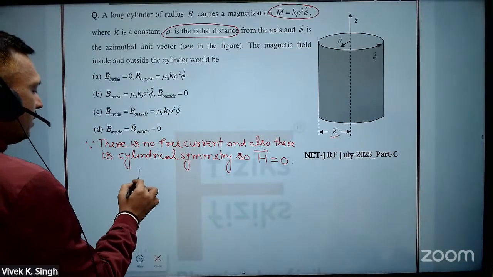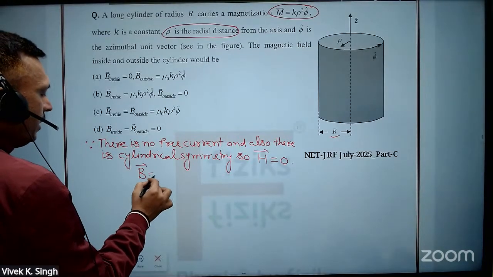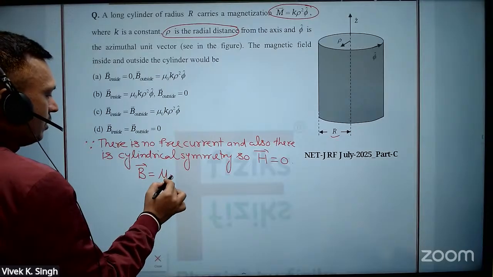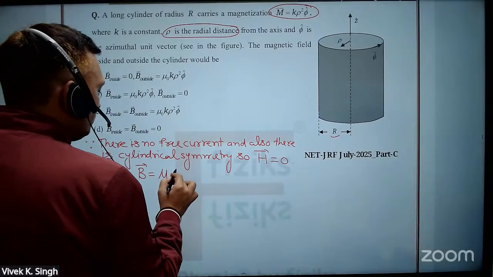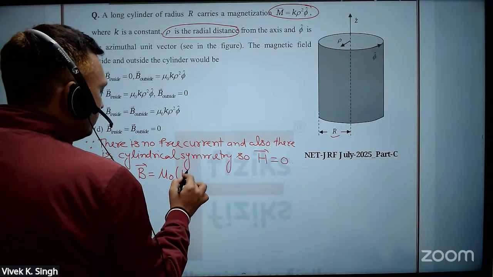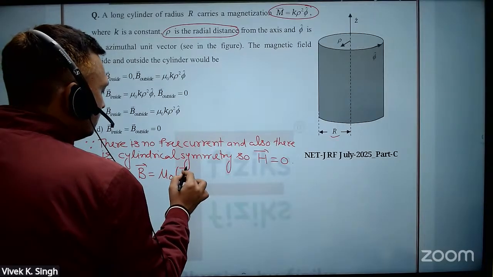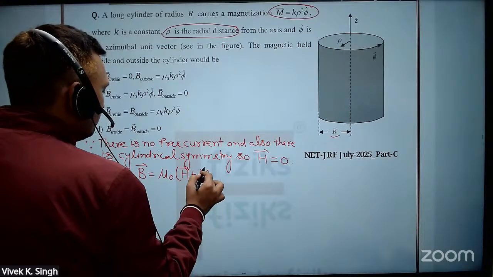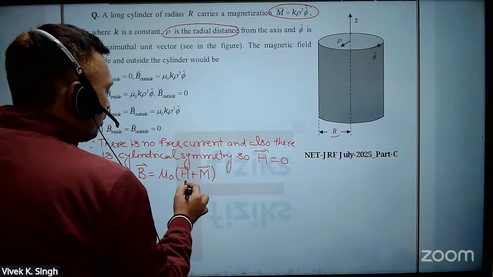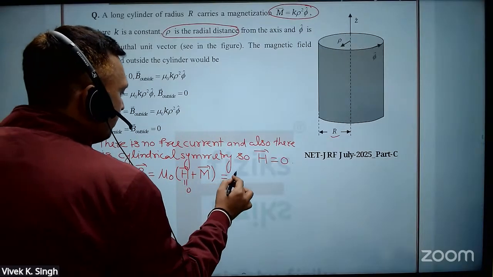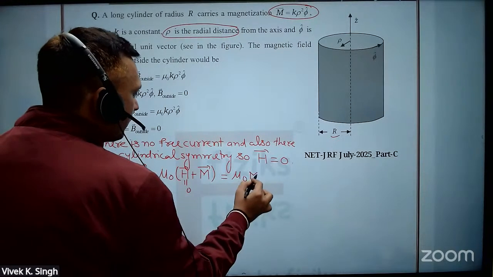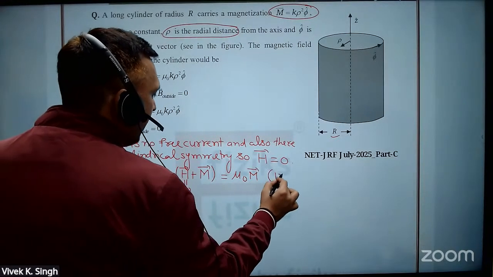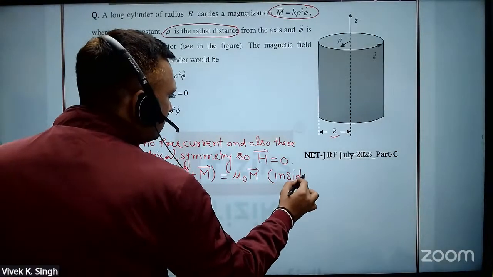And you know that B is mu naught (H plus M). Because H is 0, B is simply mu naught M. This will be the magnetic field inside.